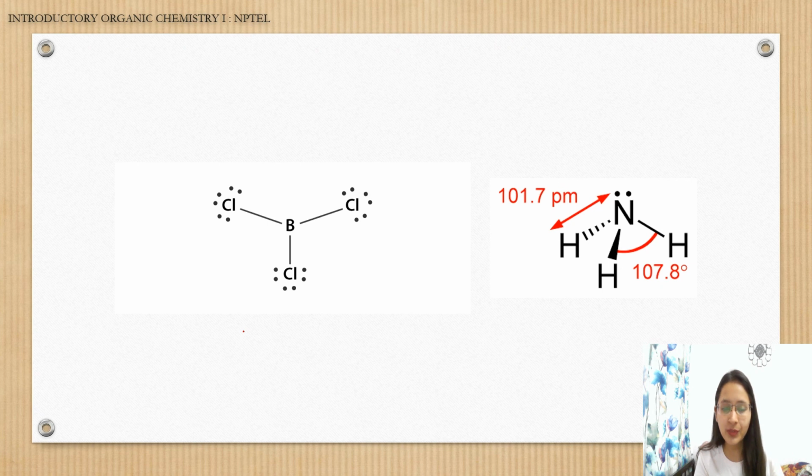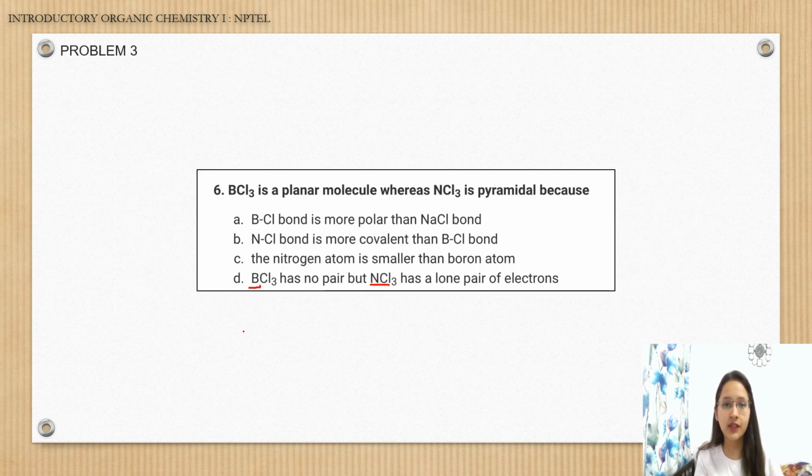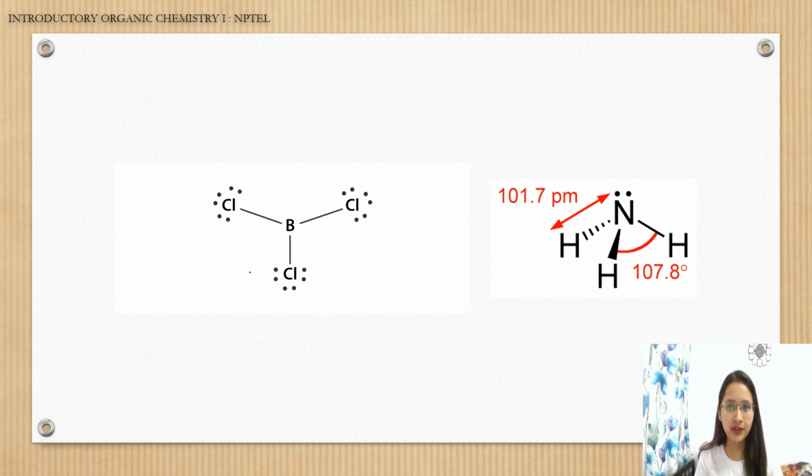So here the shape becomes pyramidal because of the lone pair-bond pair repulsion, right? But in the BCl3 case, there is no lone pair present. That is why we get a planar molecule for BCl3, but not for NCl3. It is pyramidal because of the lone pair-bond pair repulsion. So the correct option is D. Any questions in this particular question?